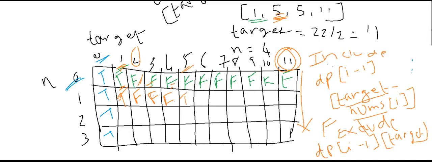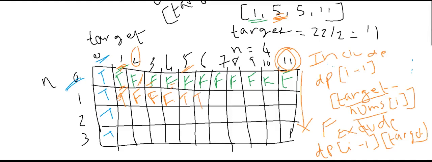How about 6? 6 minus 5 is 1. So dp of 0 and 1 for include is true, so this will be true. 7 is our target. 7 minus 5 is 2.